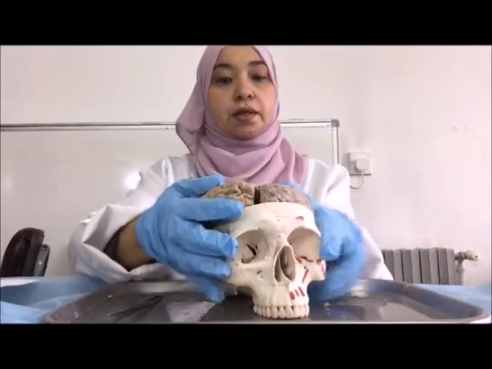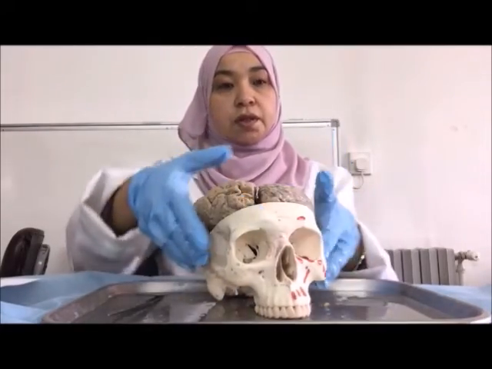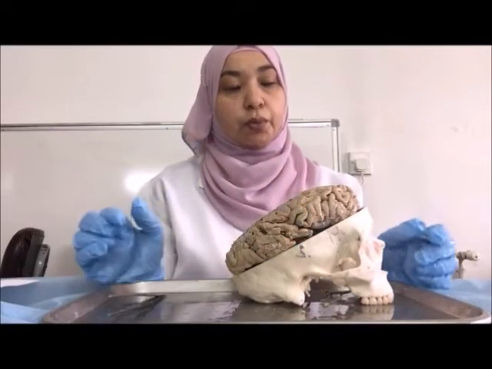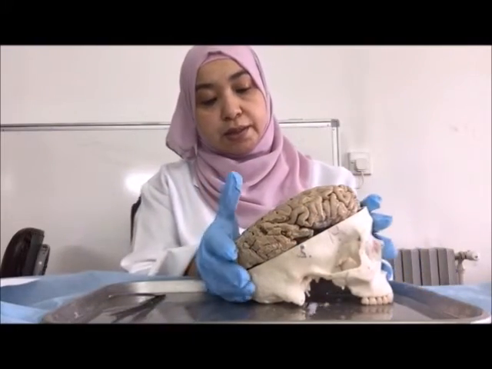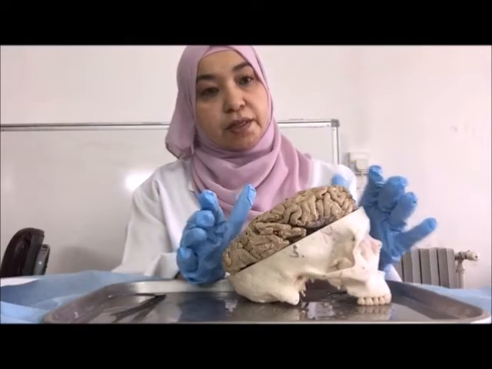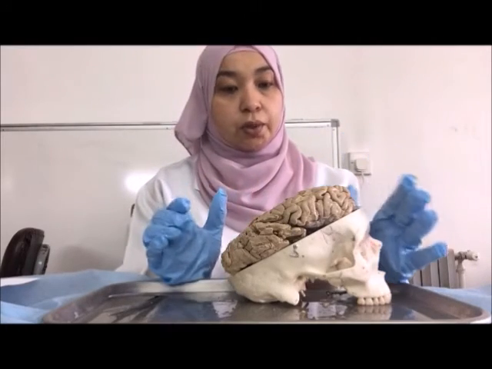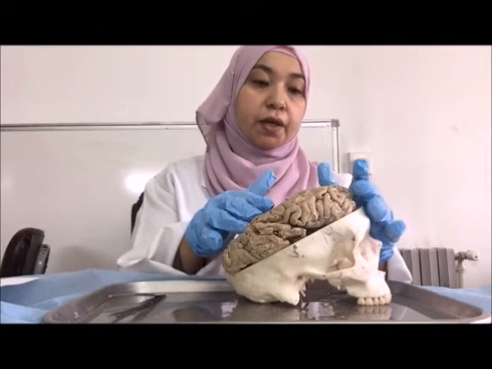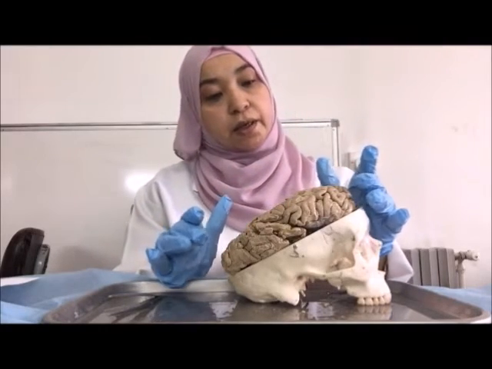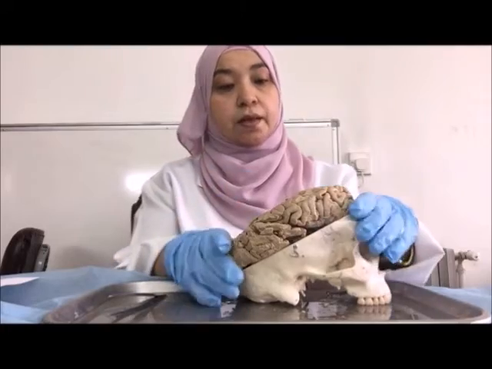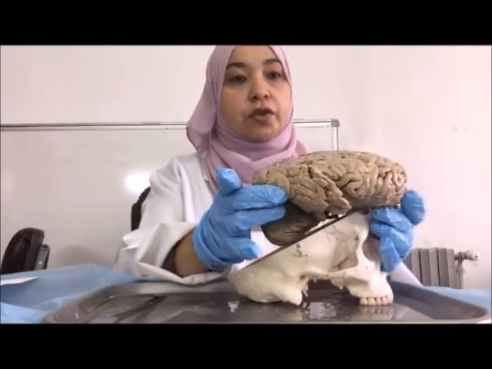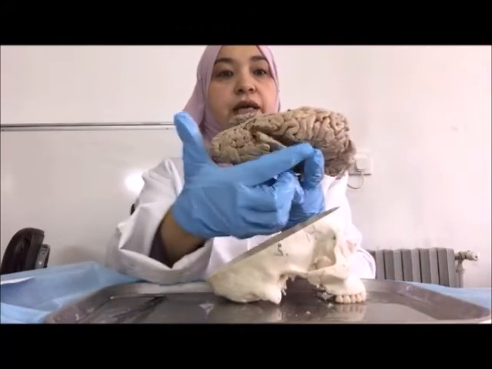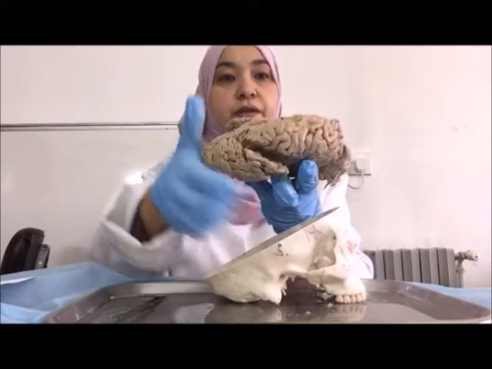This is the frontal bone, and this is the occipital bone, and here this is the temporal bone. As you can see, the brain itself is divided into lobes, and the cerebral hemisphere has three poles. This is the frontal pole, this is the occipital pole, and this is the temporal pole of the brain.